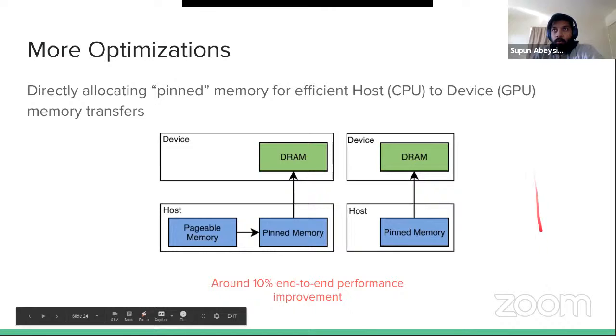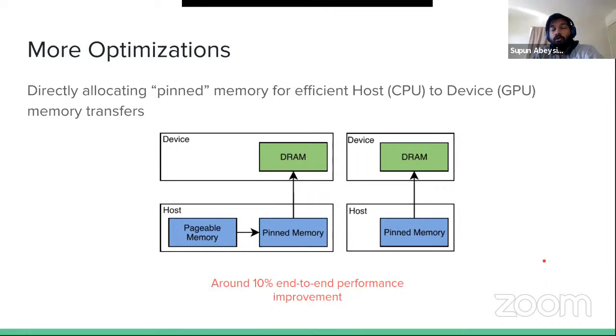So rather than doing that, since we have access to an end-to-end pipeline or end-to-end single source file, we can actually allocate this pinned memory directly for the output of the data processing engine. The data processing engine would directly write to this pinned memory, and we can eliminate this copying from pageable to pinned memory when we do the data copying from the CPU to GPU.